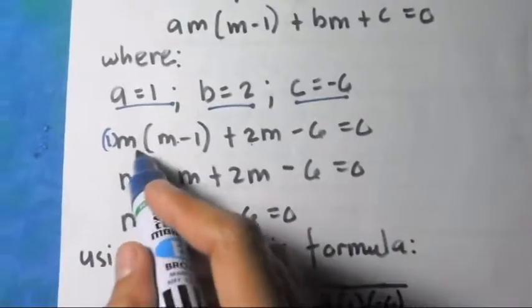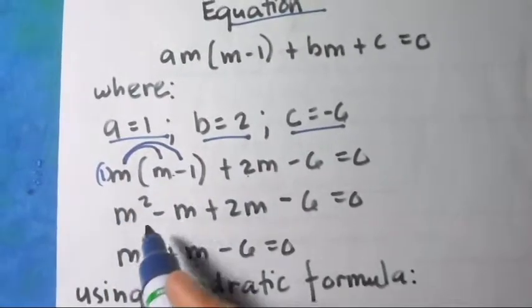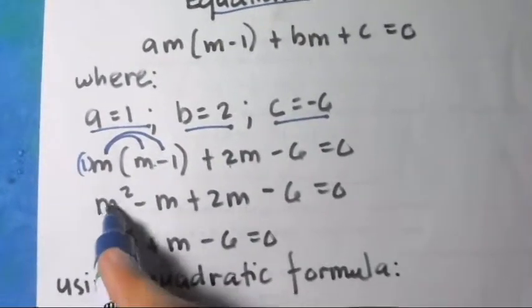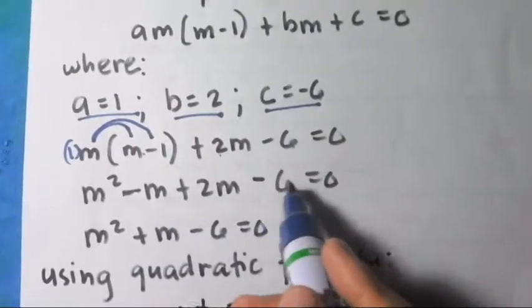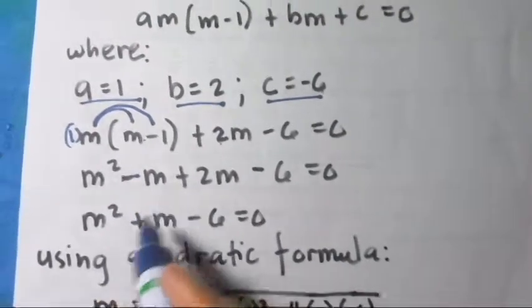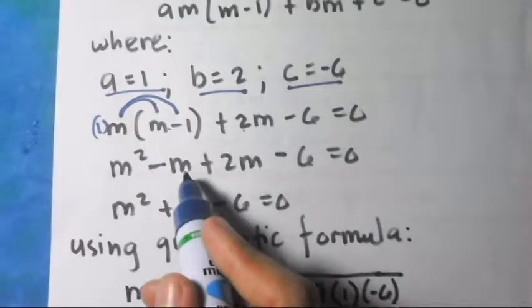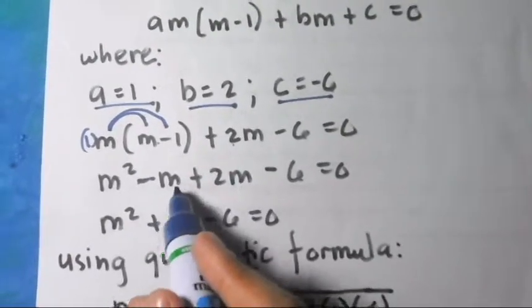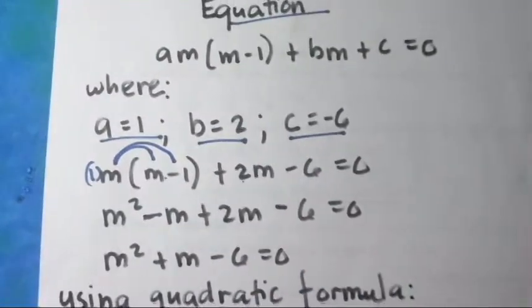And now, by multiplying this m, we get m squared minus m plus 2m minus 6. And now, we must collect like terms. Therefore, m squared plus m minus 6, because 2m minus 1m is equal to positive m.